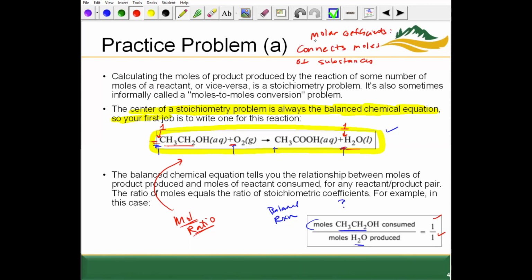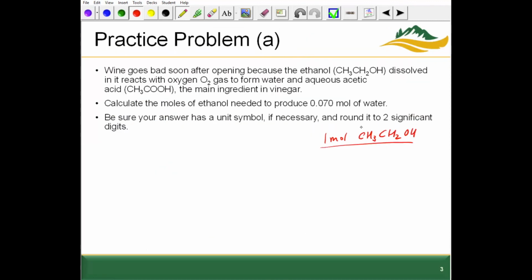Really importantly, these molar coefficients from this balanced reaction help us connect the moles of different substances, be it reactants to products. It helps us connect the moles of reactants as well, and the moles of the products as well. So a balanced reaction is vital to writing out these mole ratios. Again, for every 1 mole of ethanol that reacts, we produce 1 mole of water.